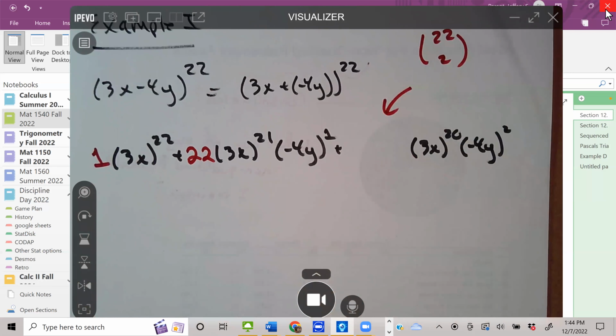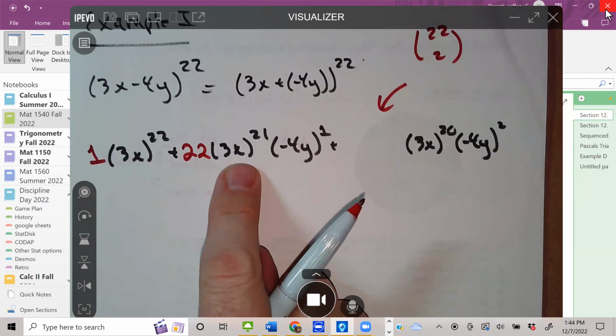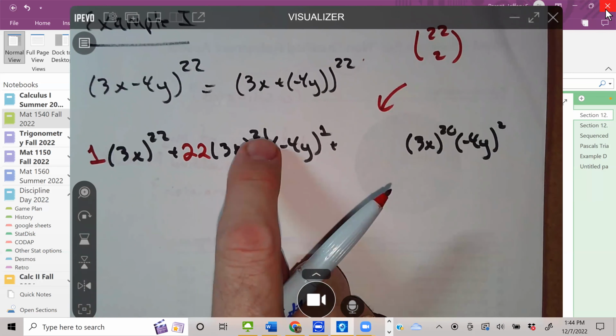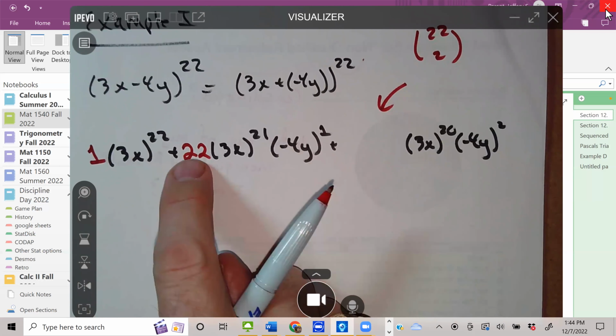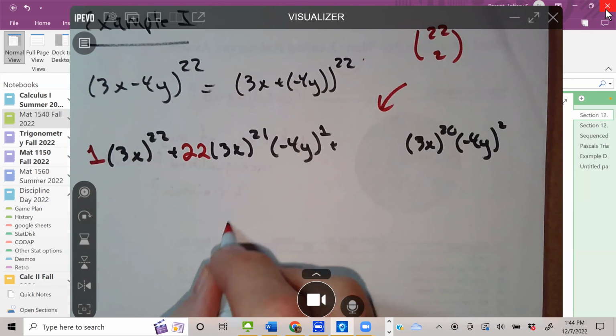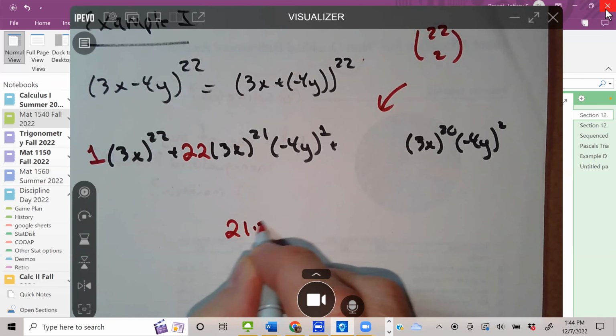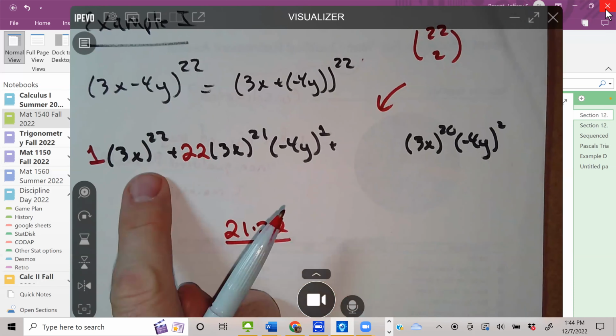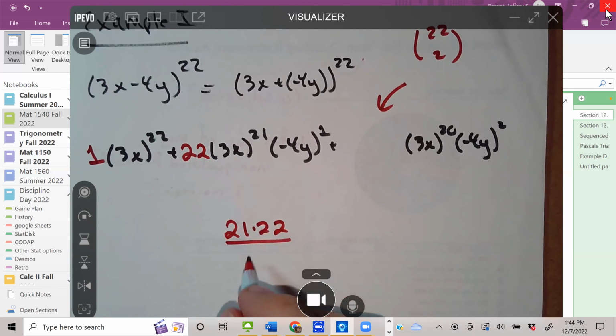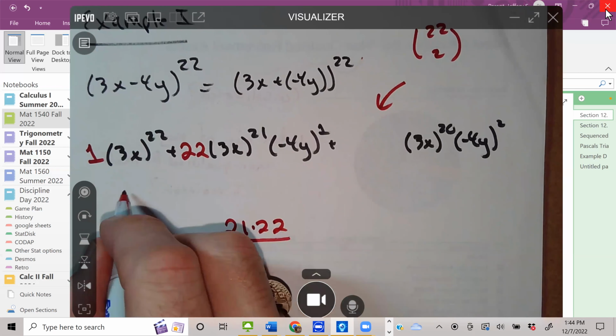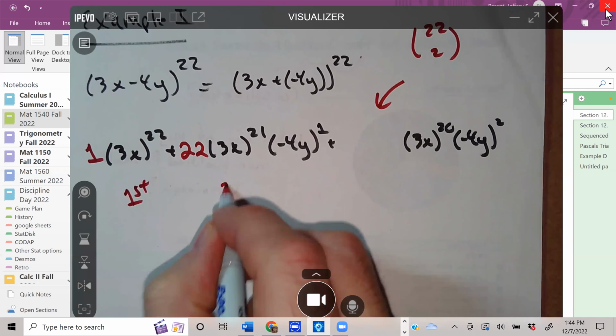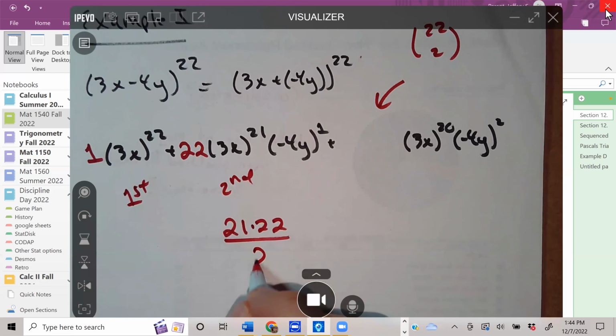Or if you're partial to that little trick that I did last time, you could do 21 times 22 divided by what? Divided by the number of the term. Remember, this is your first term. This is your second term. So you divide by 2.